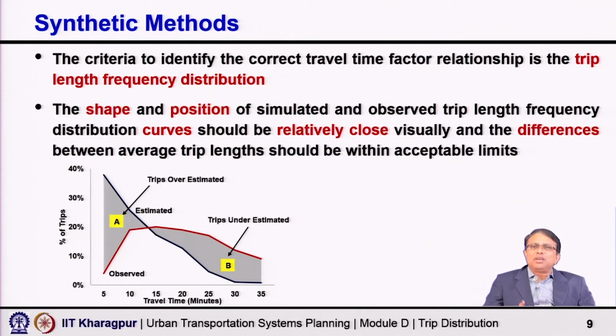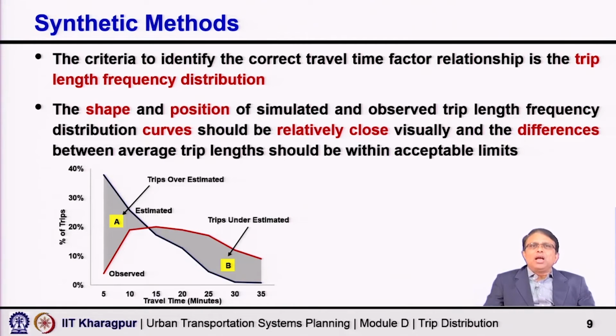My x is the travel time or the trip length. What is my y? The percentage of total trips happening with that travel time. Then I have one blue line and one red line shown here. What do they indicate? One is based on the gravity model, one is based on the observed value.